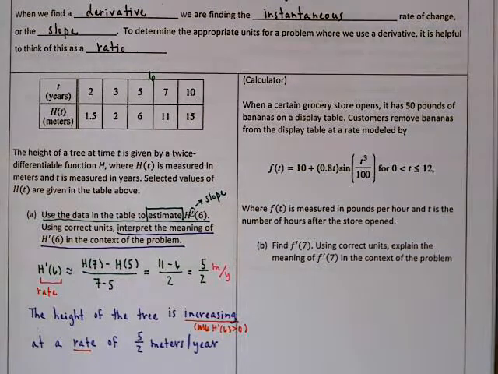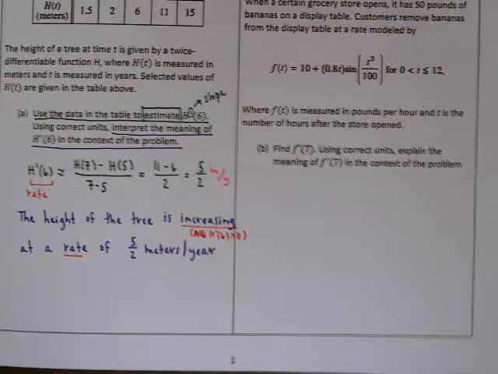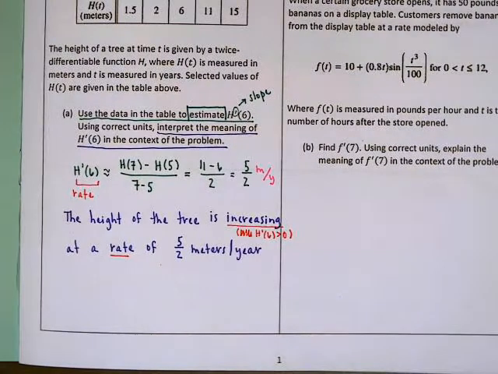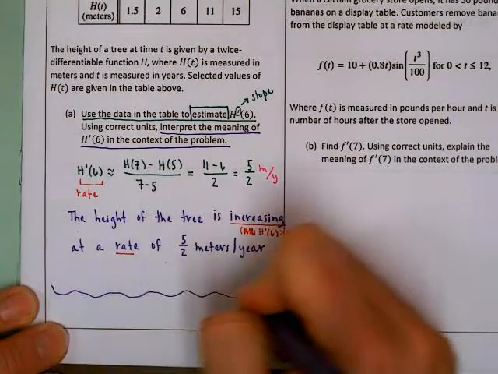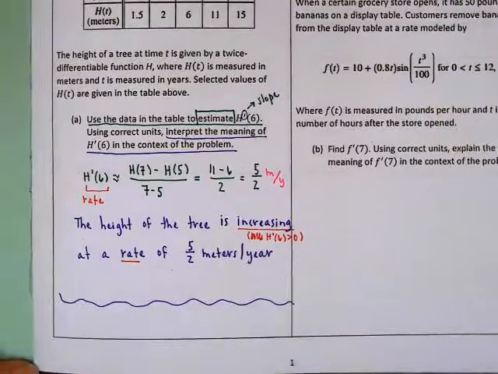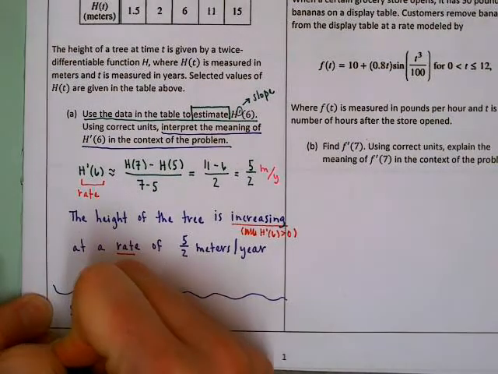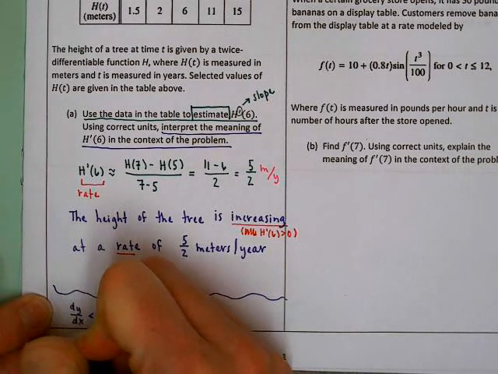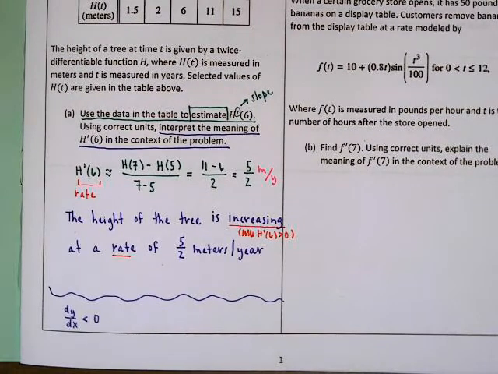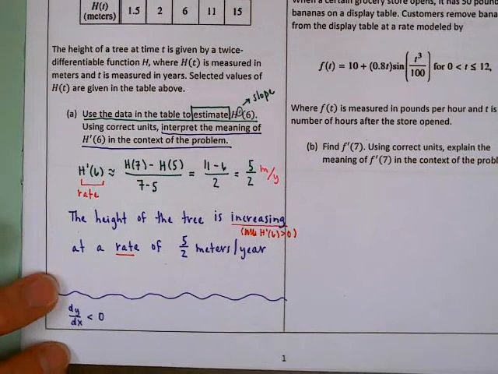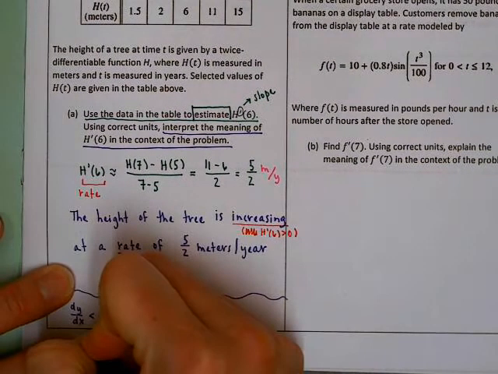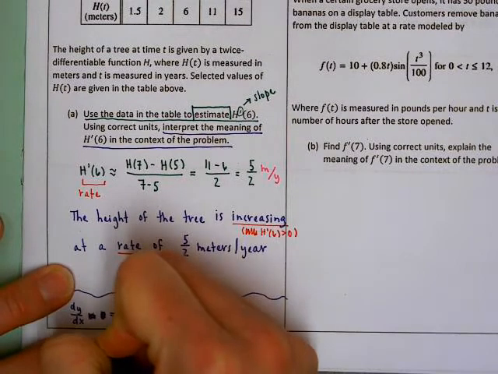Now, one thing I want to bring up here, and this is an aside from this problem. Let's say in a different context, we are finding a derivative, dy dx, and let's say we got a negative number. That rate was less than 0. Let's say it was -2.